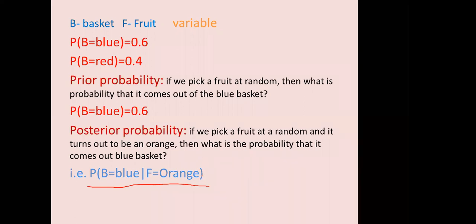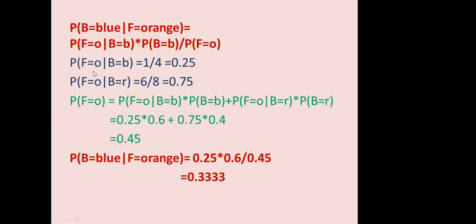We can find this posterior probability by using Bayes theorem. What Bayes theorem tells us is that the probability that the basket is blue given that the fruit is orange is equal to the reverse probability, the probability that the fruit is orange given the basket is blue, multiplied by the probability that the basket is blue, divided by the probability that the fruit is orange.